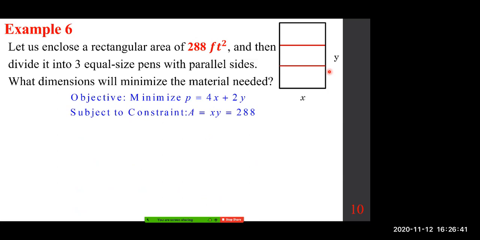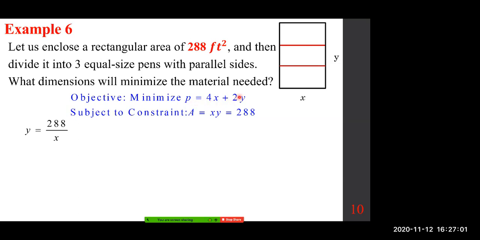Okay, class? And so we're going to repeat the same concept. We always use the constraint to solve for one of the variables. In this case, Y becomes 288 over X, and we are going to replace it into the objective function.